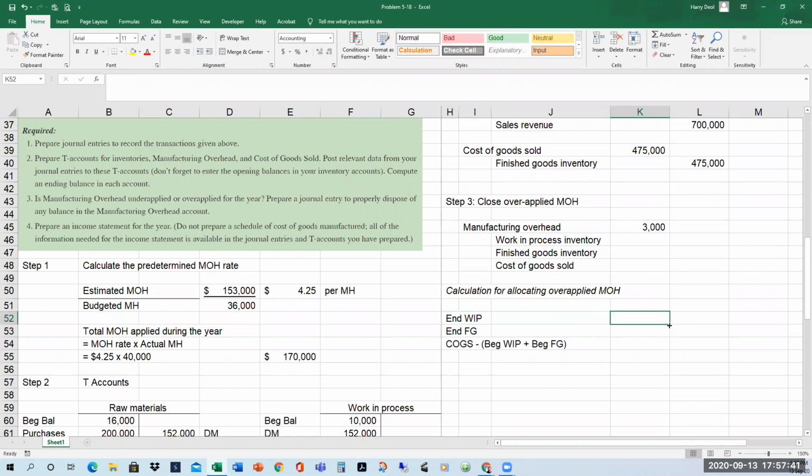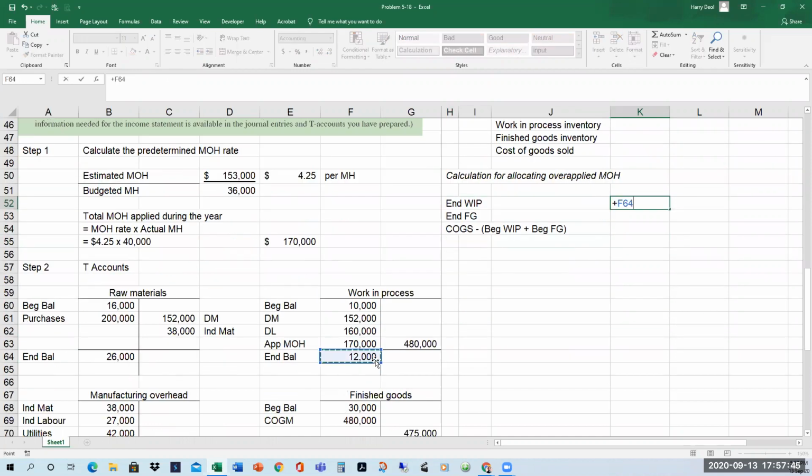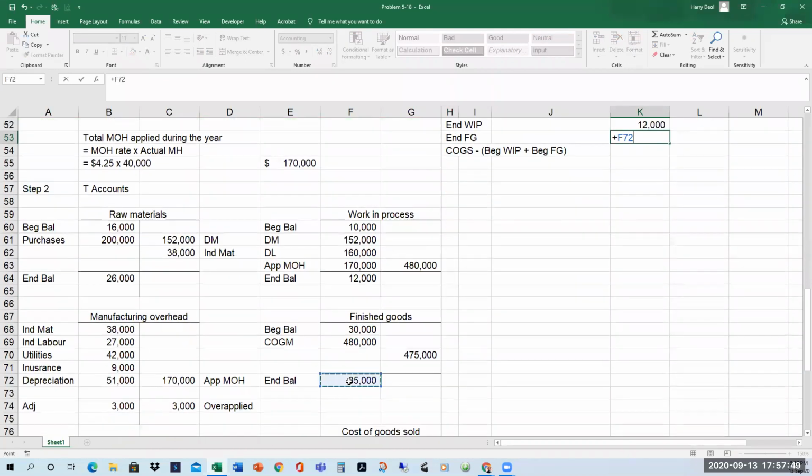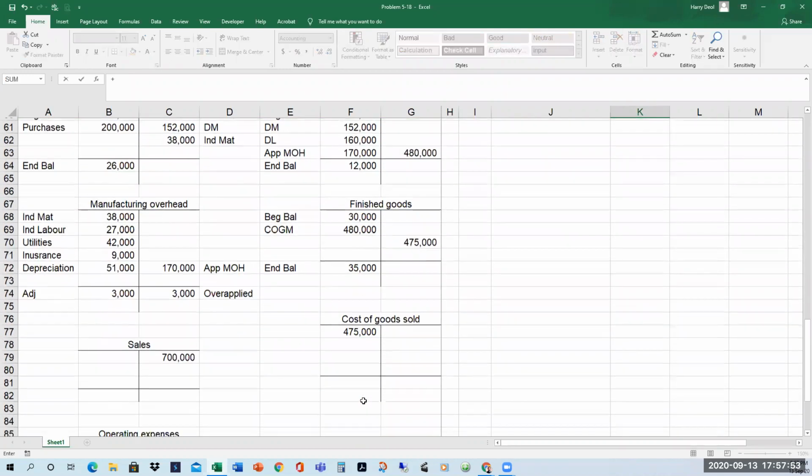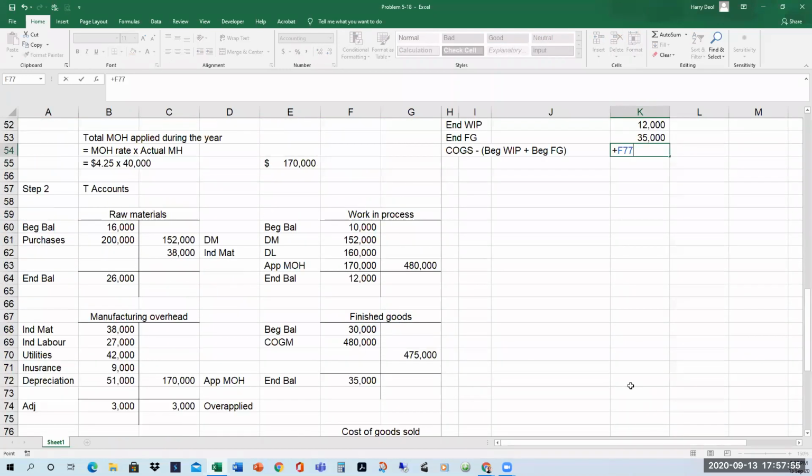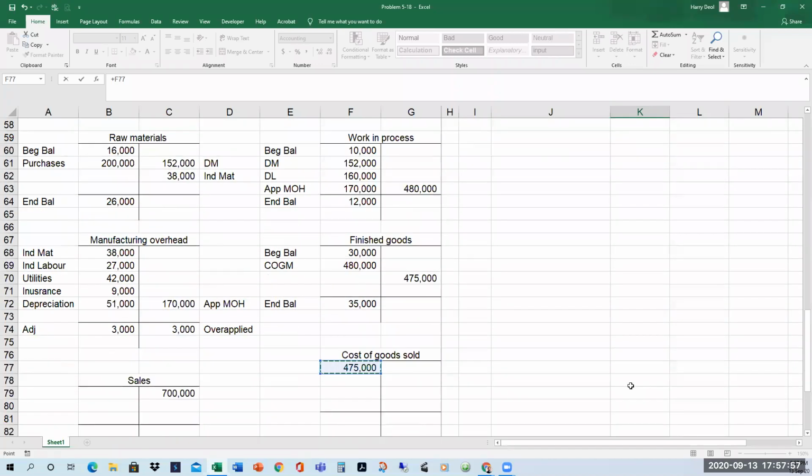So ending work in process, $12,000. Ending finished goods is $35,000. Cost of goods sold is $475,000.